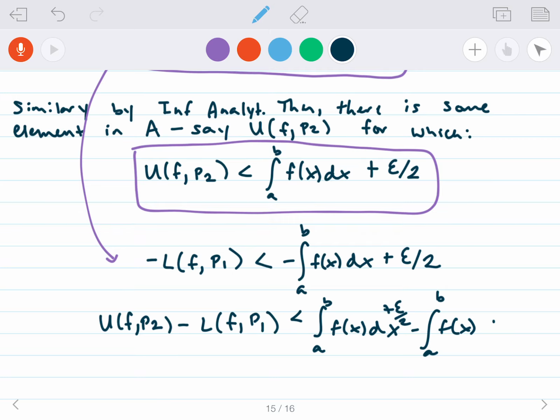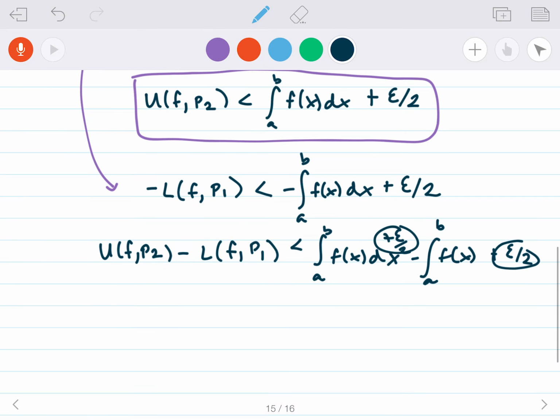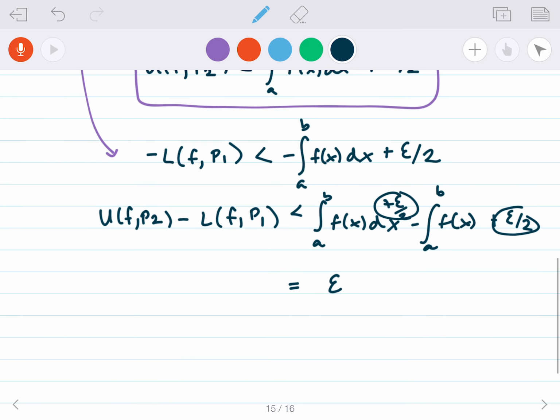But anyway, the integrals are going to cancel, and then epsilon over 2 plus epsilon over 2 is going to be equal to epsilon. And so what do we have? We have that U of f,P2 minus L of f,P1 is going to be less than epsilon.